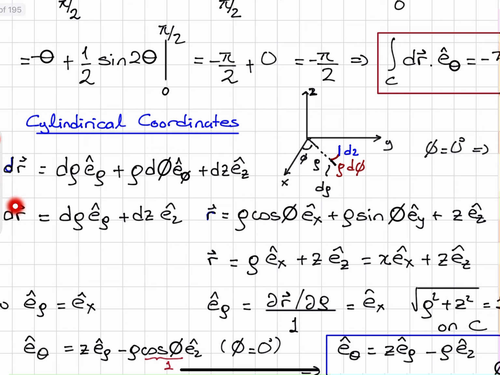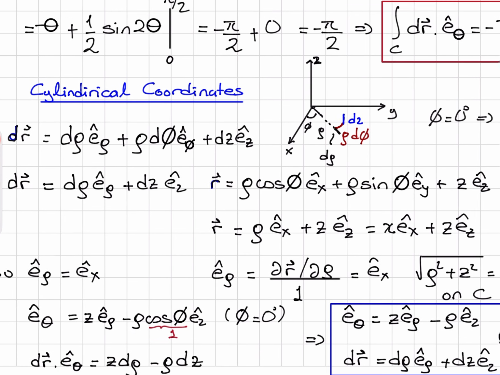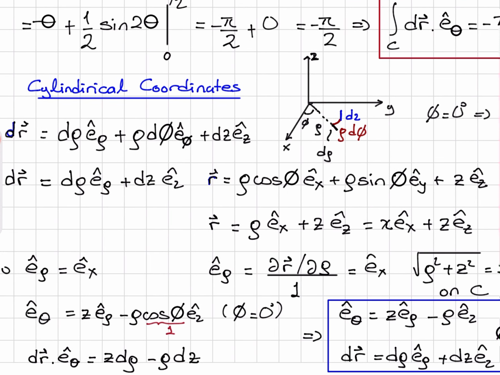The displacement vector dr is going to be dρ e ρ hat plus dz ez hat plus ρ dφ e φ hat using cylindrical coordinates, but dφ is equal to 0.